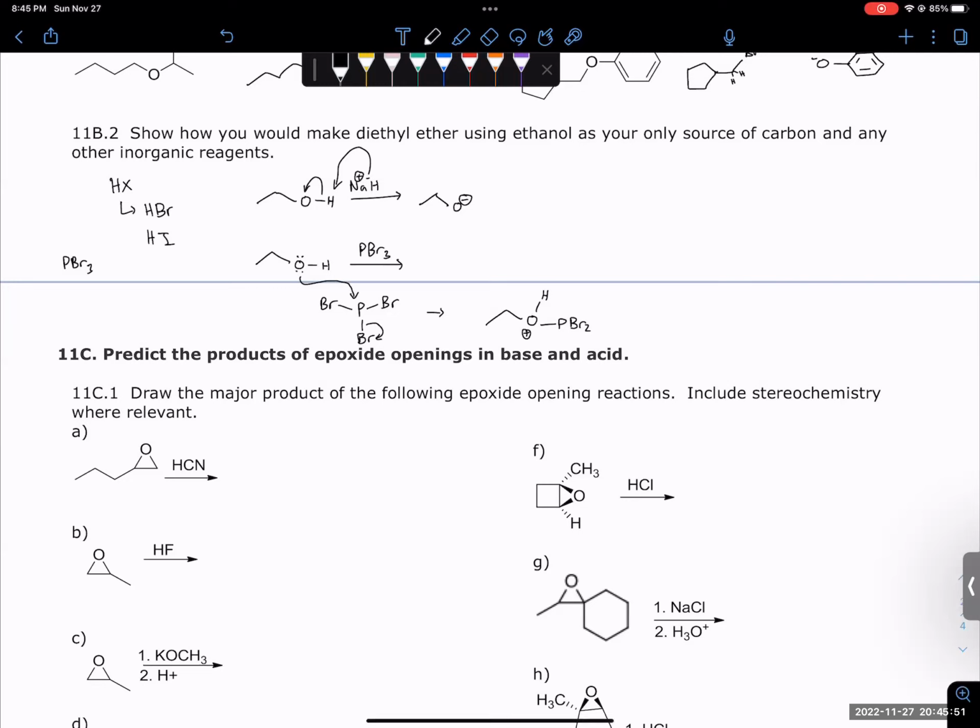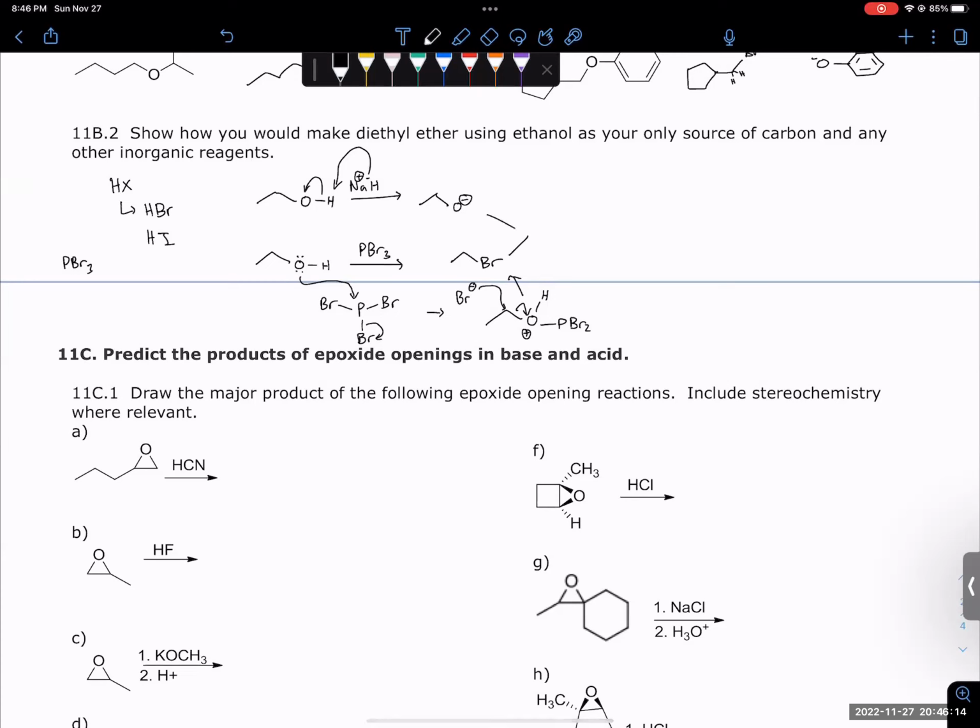And what happens is this is now a really good leaving group, and that is going to allow for this bromine that was kicked off over here to come over and do a backside attack on that, giving you the product, which we'll put up here. Br.